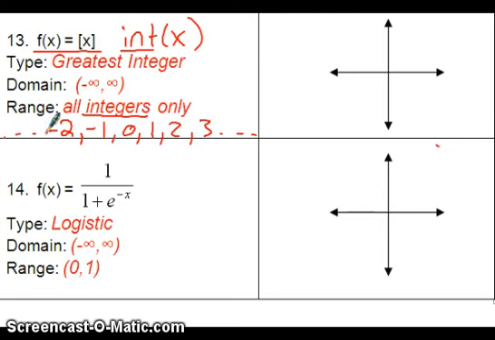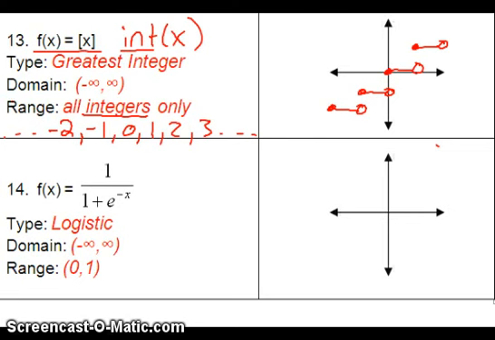Now, what this function is going to do is it's going to take any value that has a decimal and drop the decimal. We're probably not going to spend a lot of time with the domain and the range.